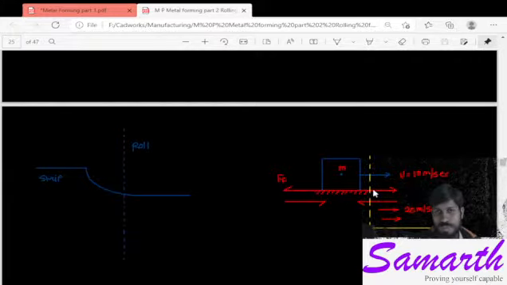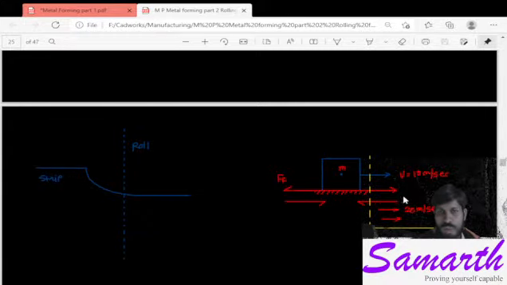When it is stationary, it will be balanced because both these forces will be equal. Now we will see if the surface on which the block is kept is moving with velocity 20 meter per second, that means greater than the velocity of the block. So what will happen? There will be relative motion, and this surface will move forward relative to this block.